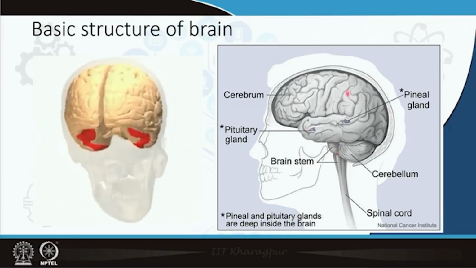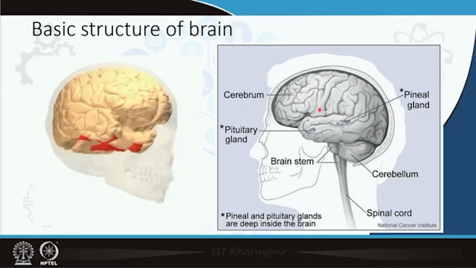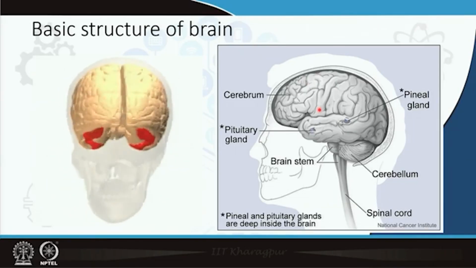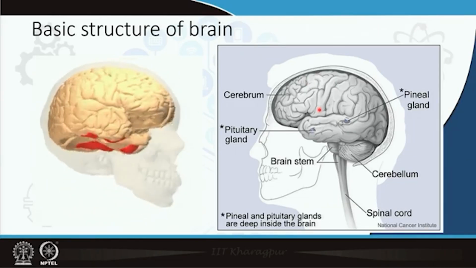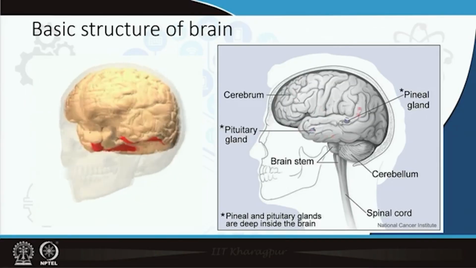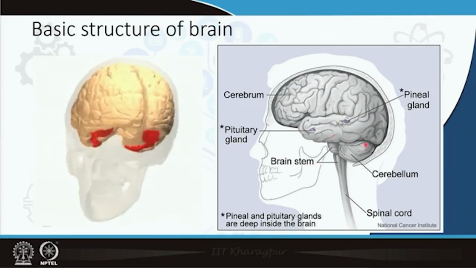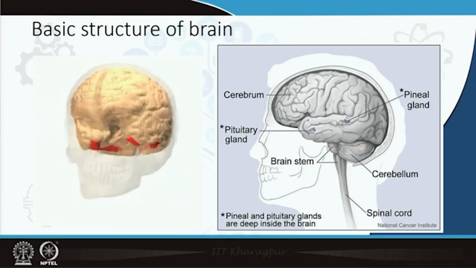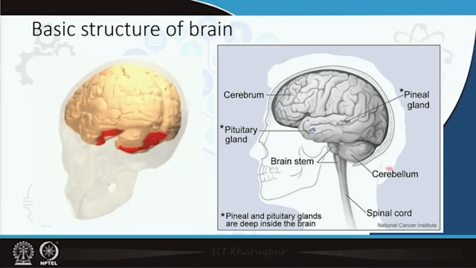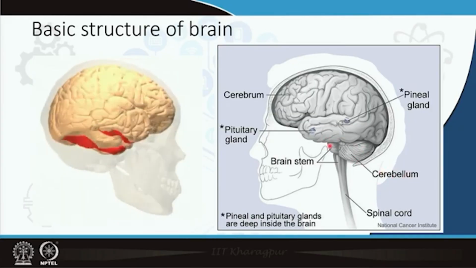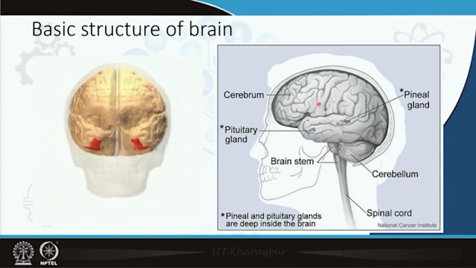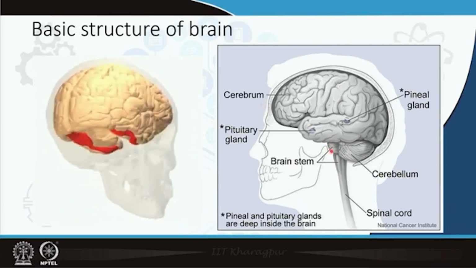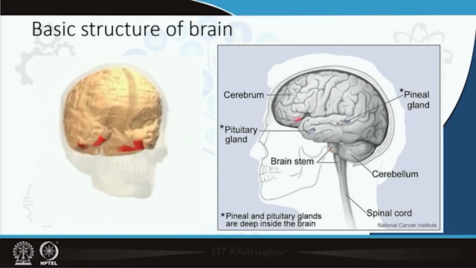They are very densely packed tissues, mostly made up of neurons as well as some other type of cells, but mostly neurons. This red part, as you can see, is the cerebellum, and the cerebrum and cerebellum are connected with the spinal cord using the brain stem, right.